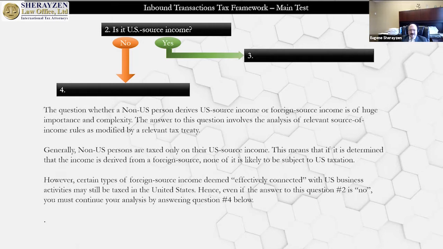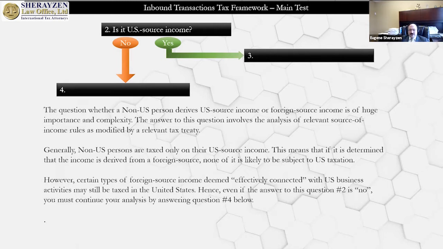Why is it important? Because non-US persons generally, there are exceptions, but generally are taxed only on their US source income. This means that if the income that this person is getting is not US source income, then it's not taxed in the United States at all.